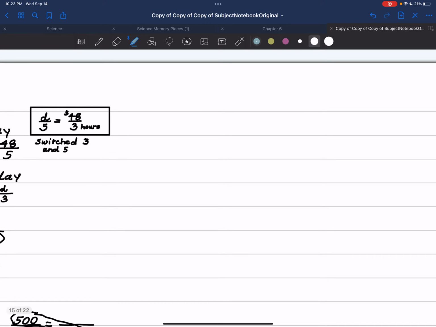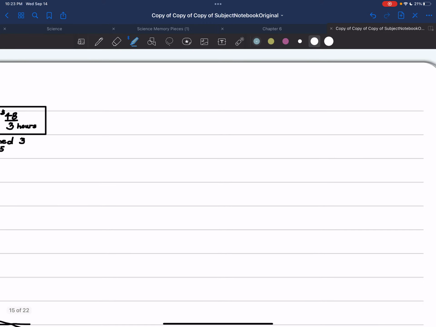Number 17. A 1.2 ounce bar of almond candy contains 230 calories. So we are comparing ounces and calories.